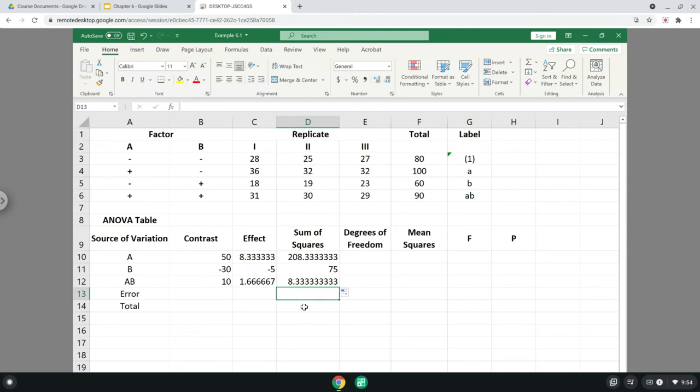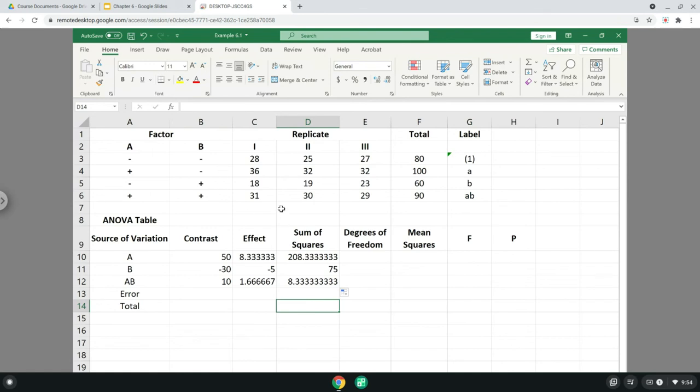To calculate that, first we will have to calculate sum square total, the total variation, right? And once we have that, we can subtract these three from that to get the sum square error. So how to calculate sum square total?